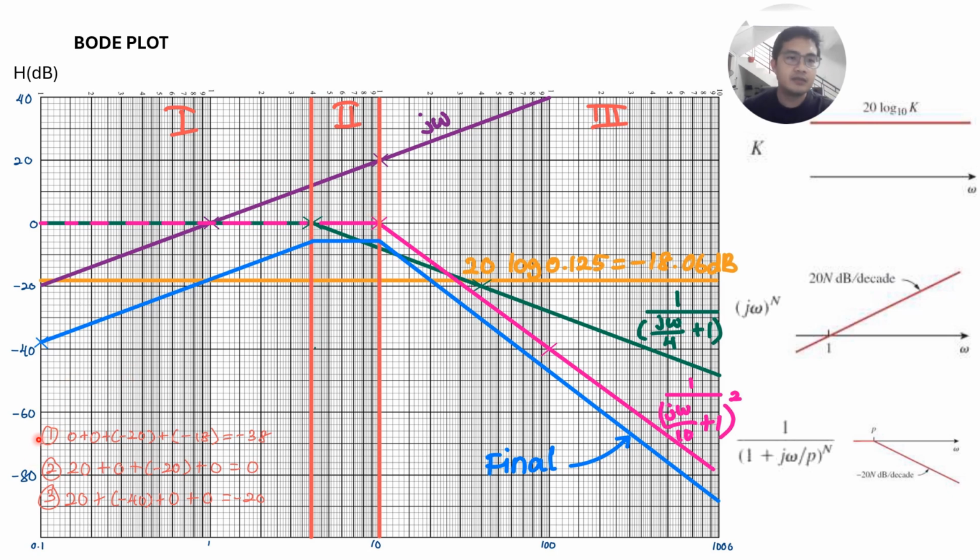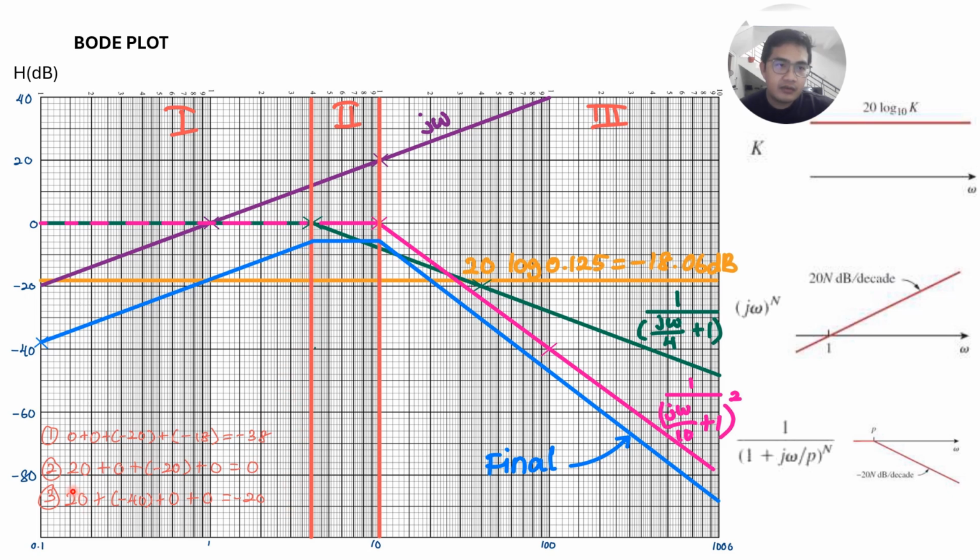So for the first part, we calculate 0 plus 0 plus 0, 0 plus 0, and then plus 0, 0 plus 0 plus 20 plus negative 20 plus negative 18, and then we can get negative 38. So the starting point is negative 38, and we can make a straight line until the end of the first part.